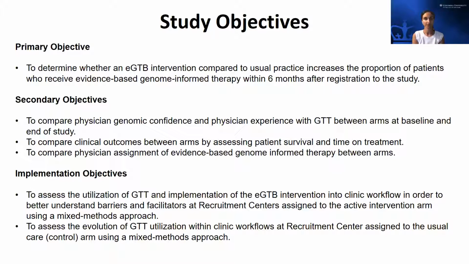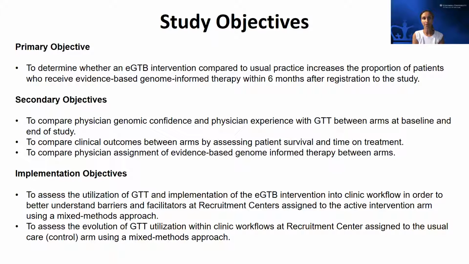We'll also have secondary objectives looking at physician genomic confidence and physician experience with genomic tumor testing, clinical outcomes in patients in both arms, so overall survival as well as time to treatment discontinuation. And then we're also going to compare physician assignment of evidence-based genome-informed therapy to the primary objective, which is a blinded central review of that determination.